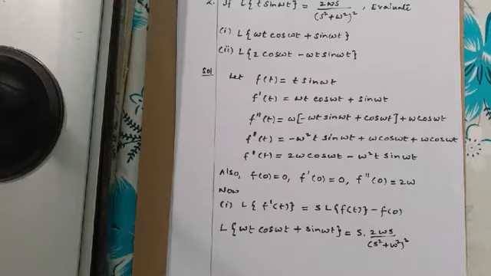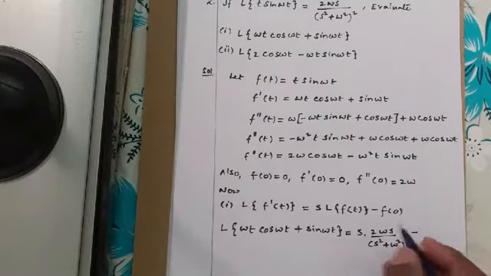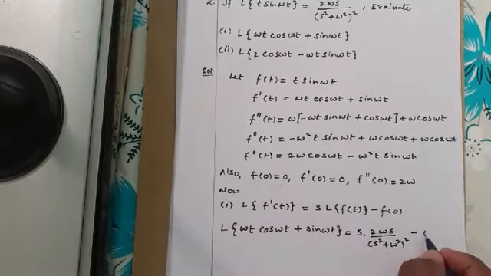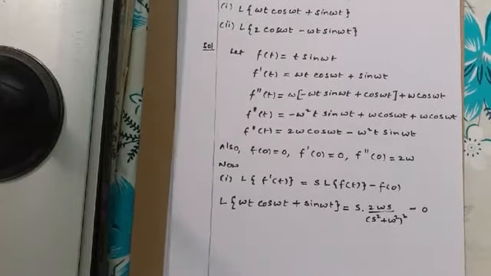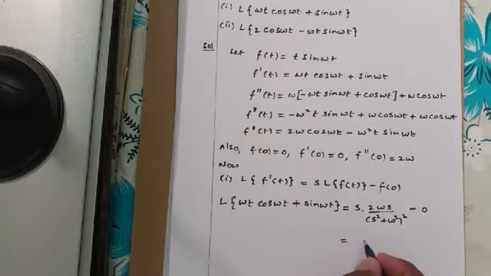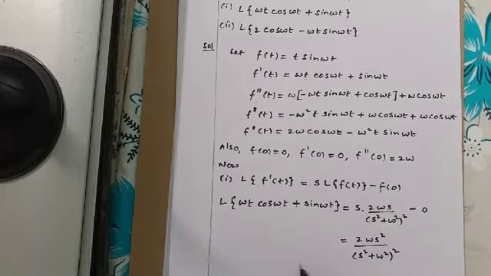It is given in the problem. Minus f of 0 is nothing but 0, so we write 0 here. Then this is equal to s into 2 omega s upon s square plus omega square whole square, which gives 2 omega s square upon s square plus omega square whole square. So this is the solution for the first bit.